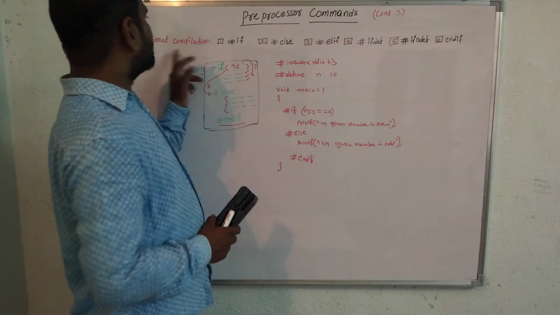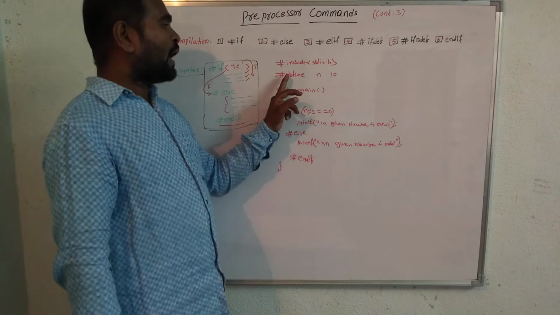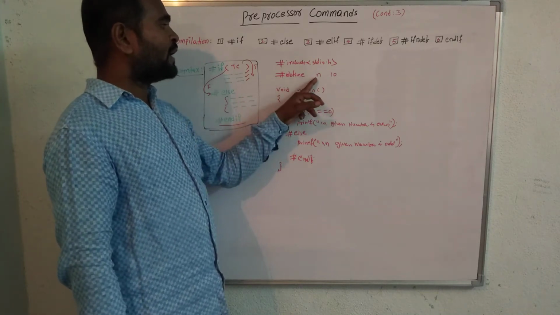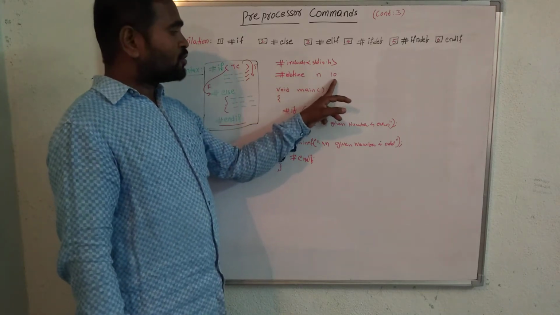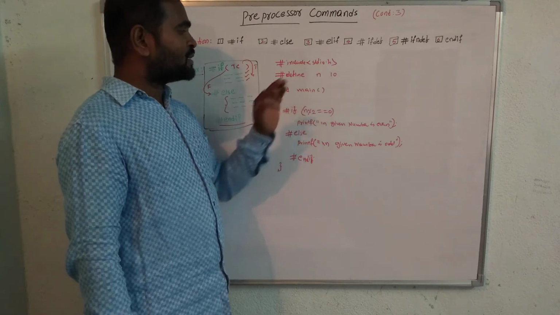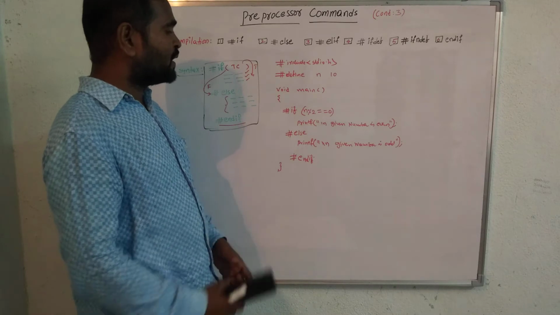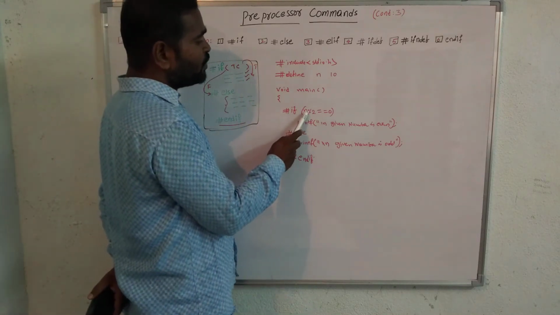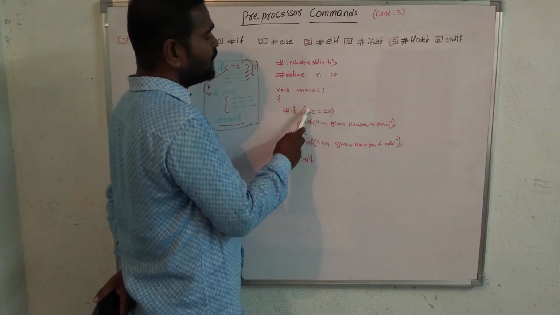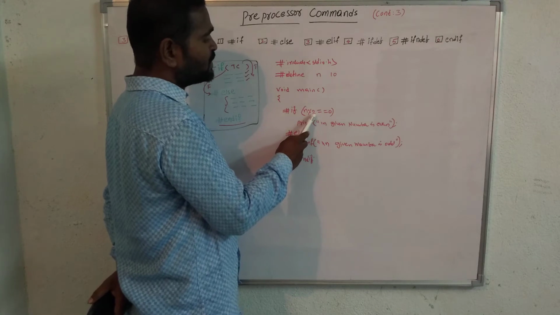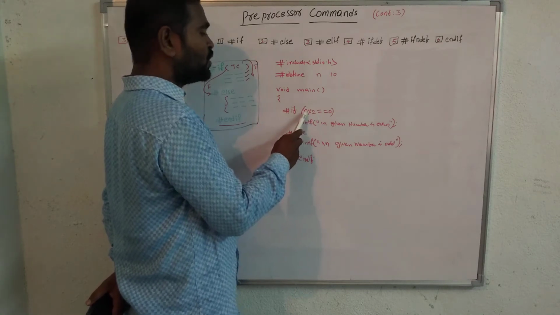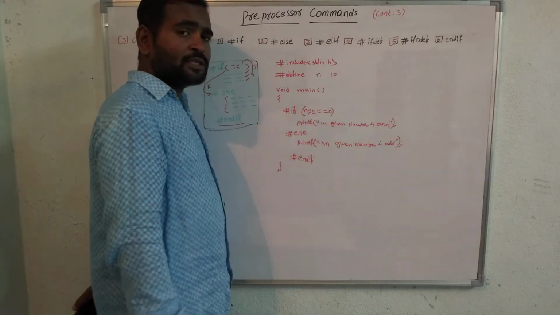By using conditional compilation, in this program I defined N as 10, and we check whether the number is even or odd. The value of N is 10, and 10 modulo 2 means the remainder is 0, which equals 0, so the condition is true.